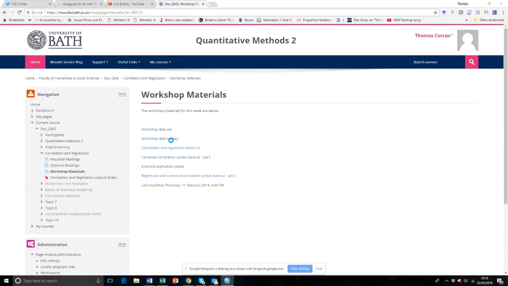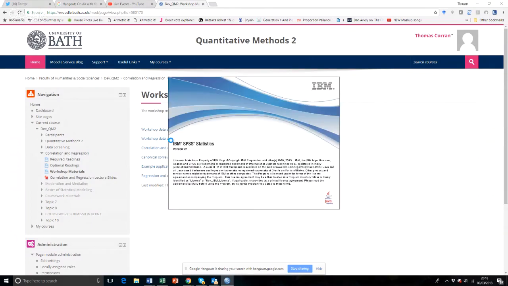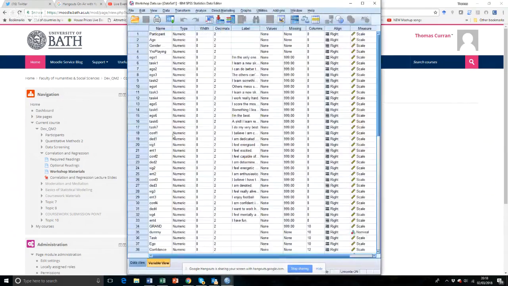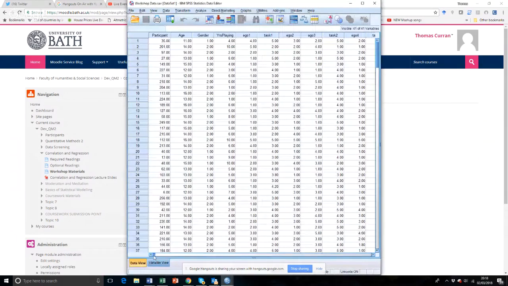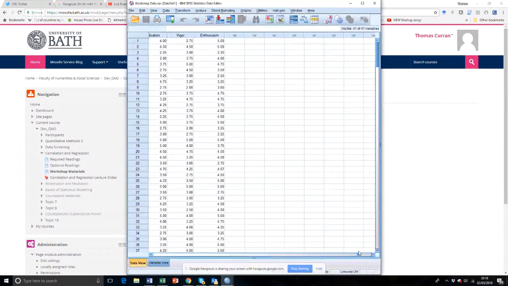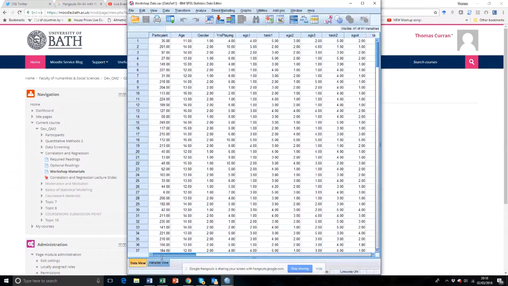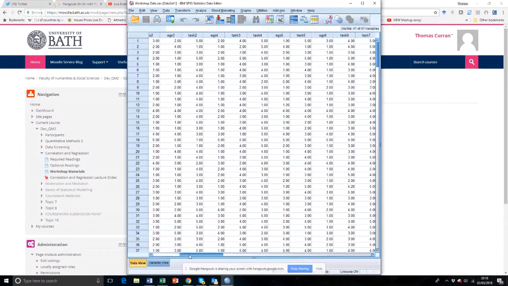This is the same dataset as we used last week when we cleaned the dataset, worked through imputing the missing values, and got rid of the identifying information and the outliers. So this is exactly the same data set. All I've done is, on the end of this data set, I've calculated the variables by taking a mean of all of the items, which is the last thing we did in the workshop last week.